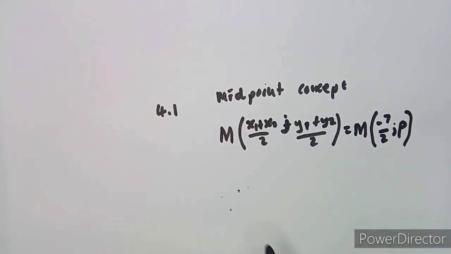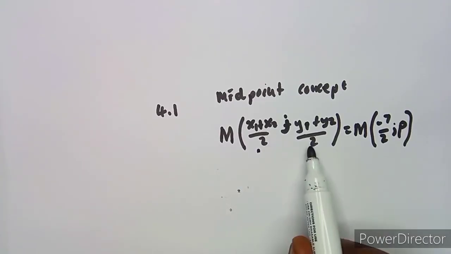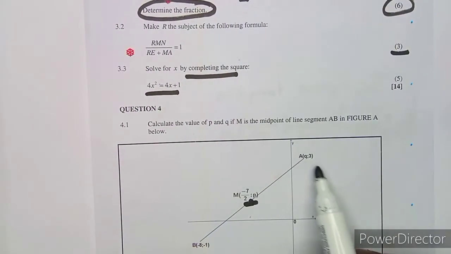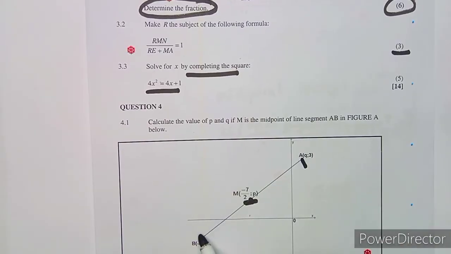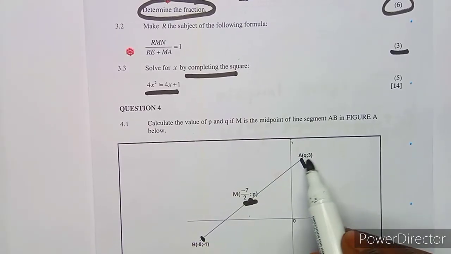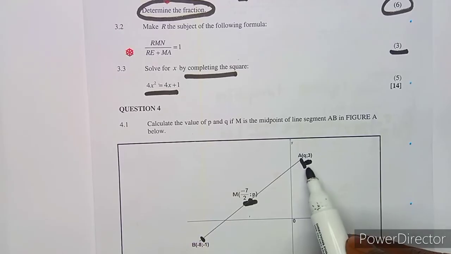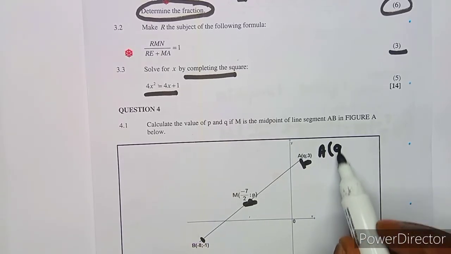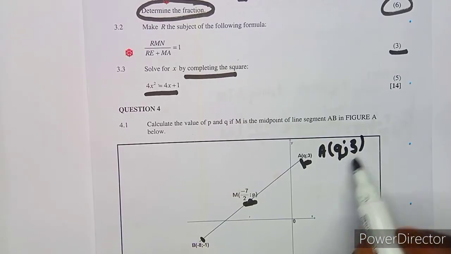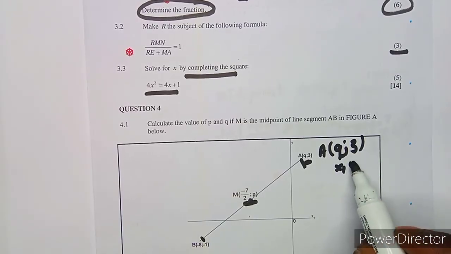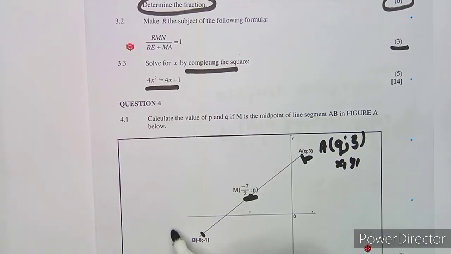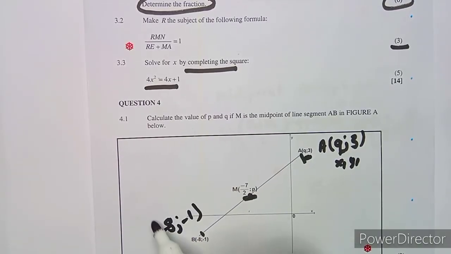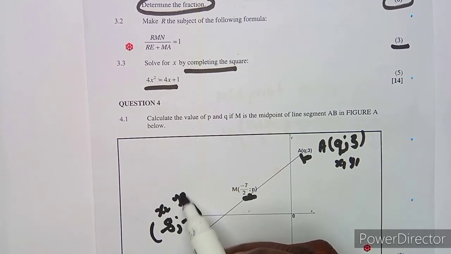So what am I going to do? I'm going to substitute the x1 and y1 that we have from the points, because this is the midpoint of the line AB. Point A is q, 3, so you've got x1 and y1 there, and our point B, which is minus 8, minus 1, gives us x2, y2.